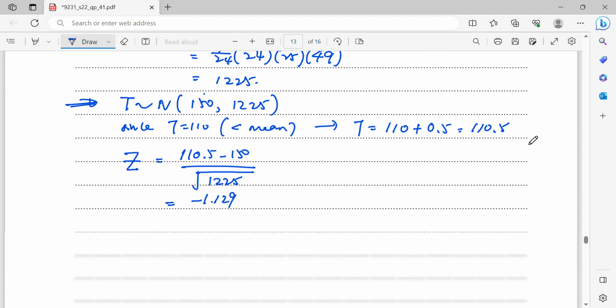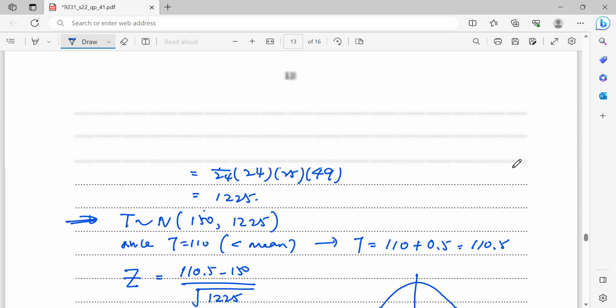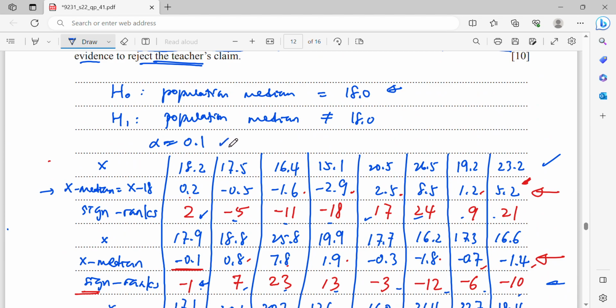Before we write down the conclusion, we need to draw the region first. Our critical value will be in two parts. It's mentioned that your alpha is 0.1. Why two parts, a two-tailed test?